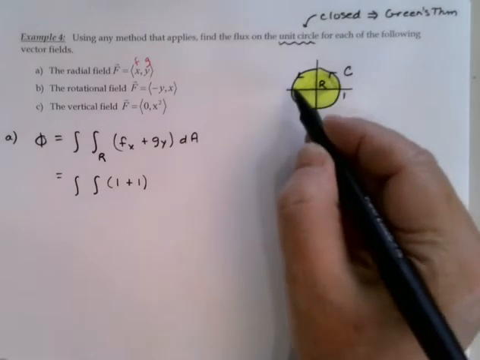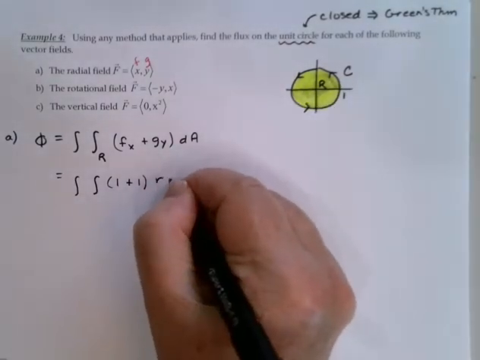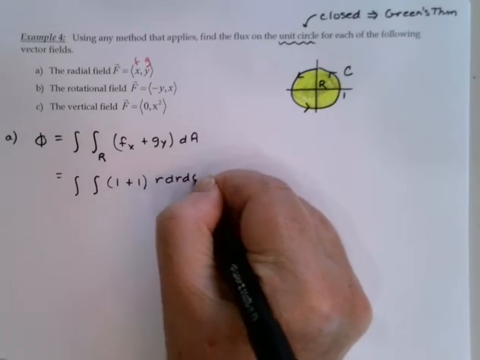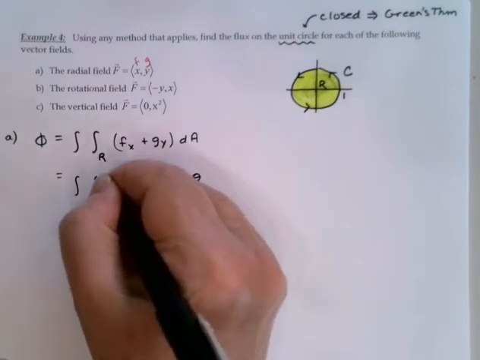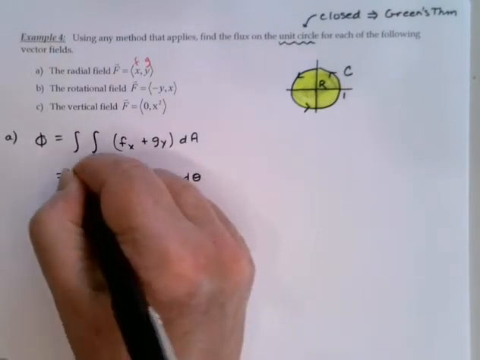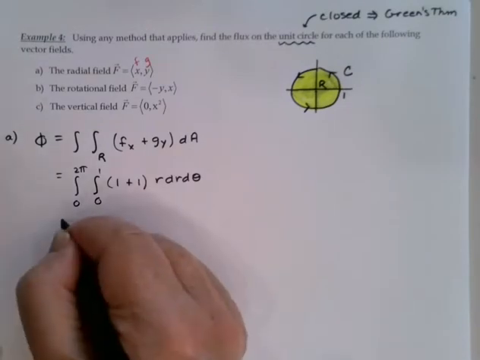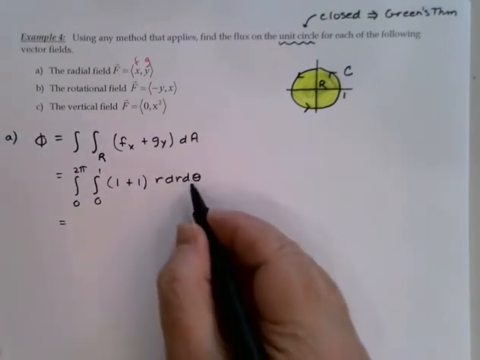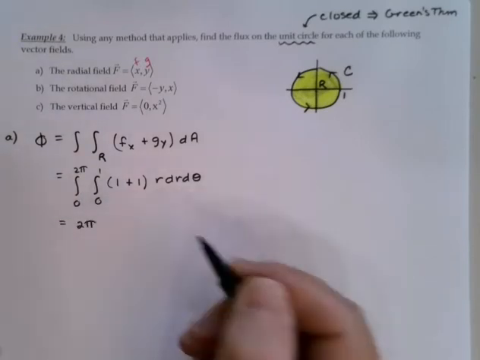And since I've got a circular region, I think I'll use polar coordinates, so dA will do as r dr d theta. My radius from 0 to 1, and the angle going all the way around from 0 to 2 pi. D theta is the only mention of theta, so I can pull down that 2 pi for the first integral.